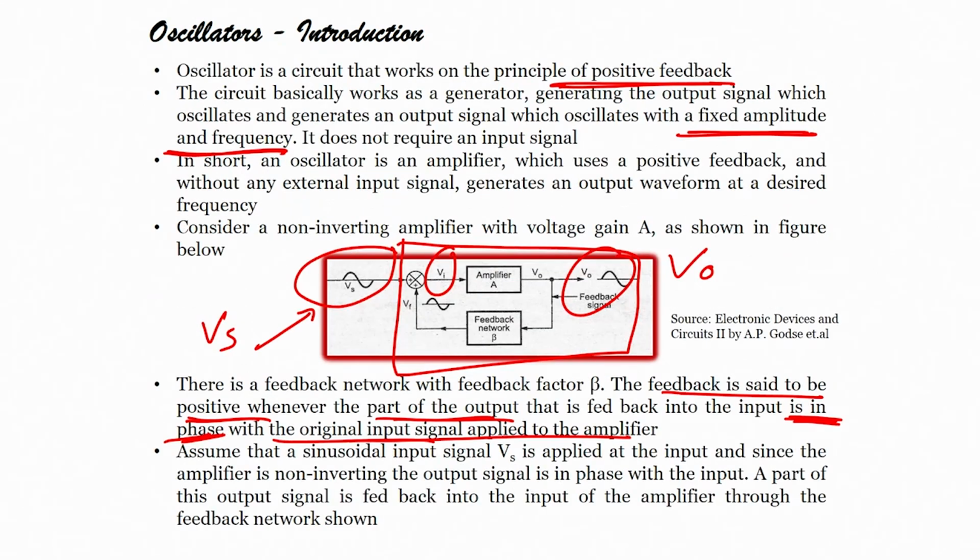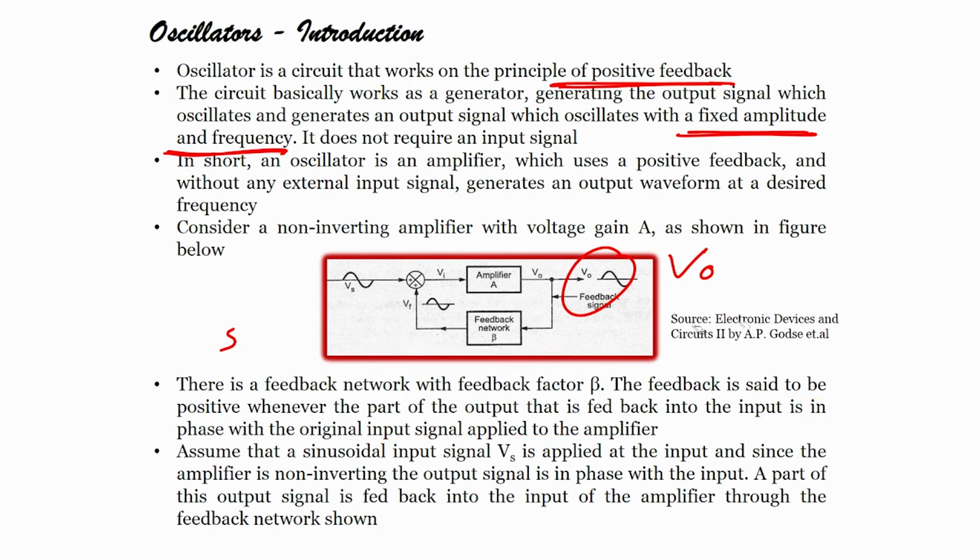So, in this particular case, when we consider signal Vs and signal Vo, we have to understand that Vs and Vo are dependent on the feedback, because depending on Vf, the Vs applied to the amplifier would change.